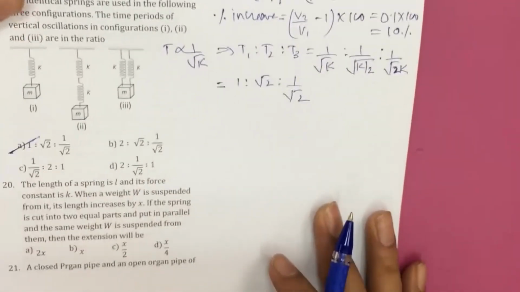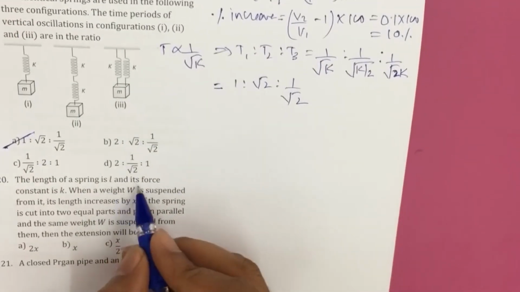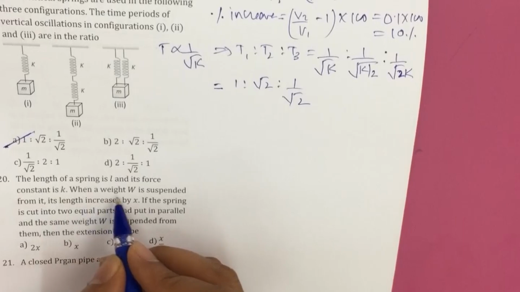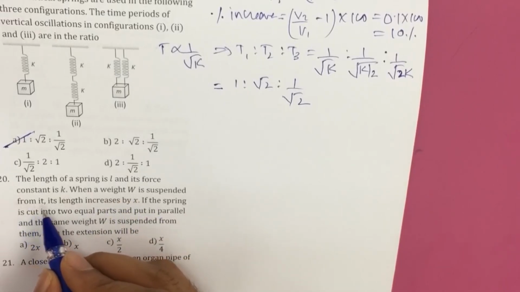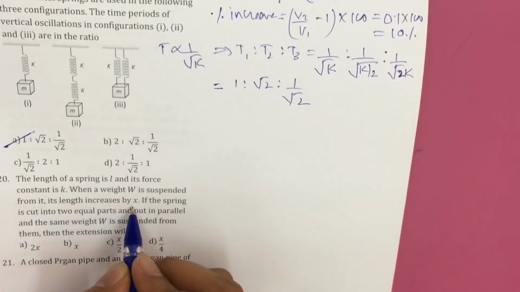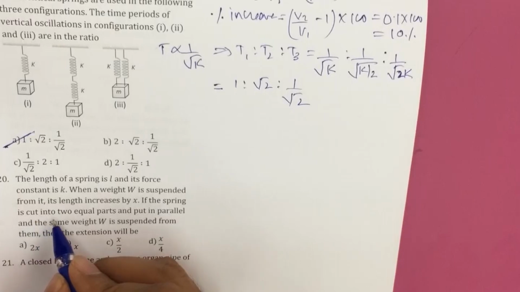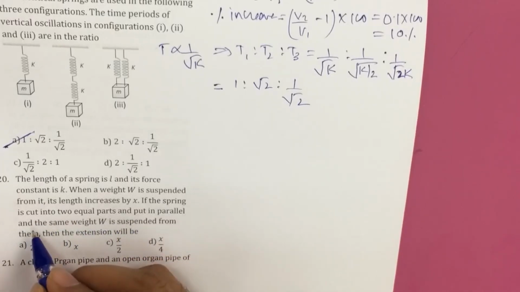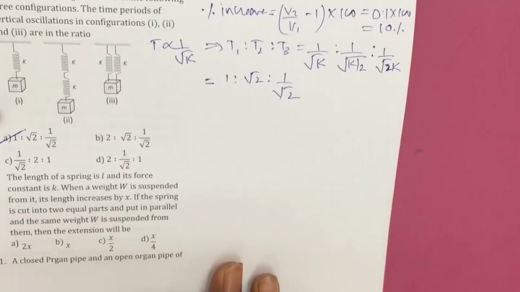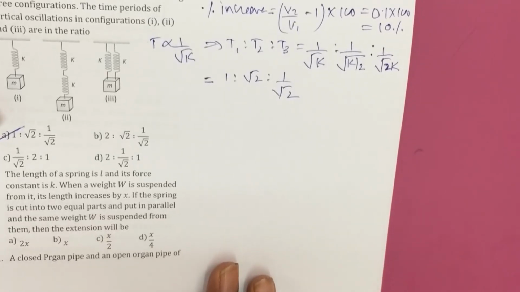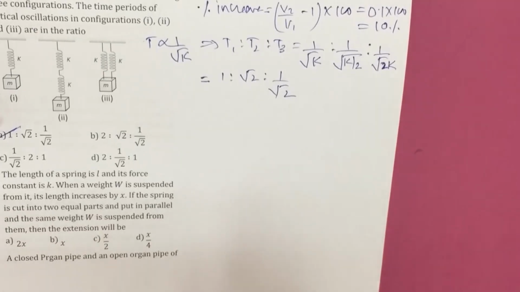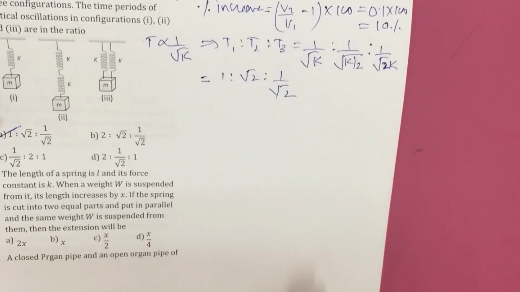Question 20. The length of a spring is L and its force constant is K. When a weight W is suspended from it, its length increases by X. If the spring is cut into 2 equal parts and put in parallel and the same weight W is suspended from them, then the extension will be. Now the spring is cut into 2 equal halves. So spring constant of each part will be 2K. These parts are parallel.